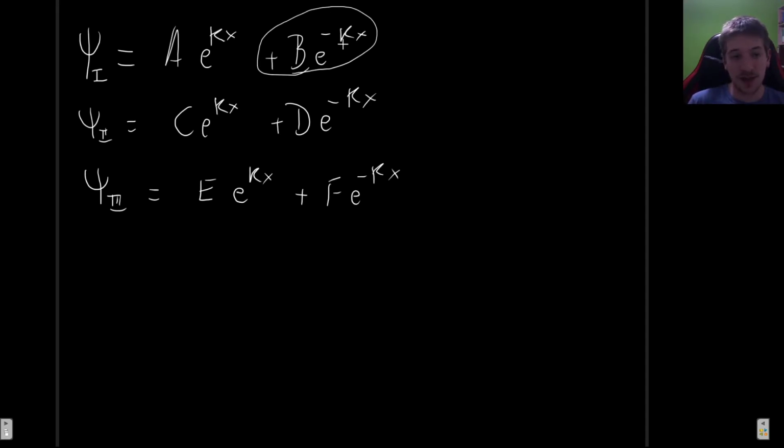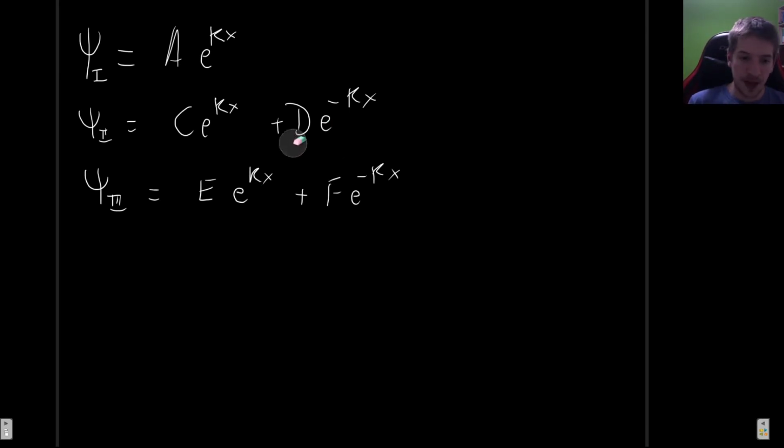This is not a physically acceptable solution, because when x goes to minus infinity, this goes to infinity and the integral will not converge. So that is not good. And for the same reason here in the third region, which is where x is positive outside of these two deltas, this term will also go to infinity as x goes to infinity. So we also have to take it to be 0.